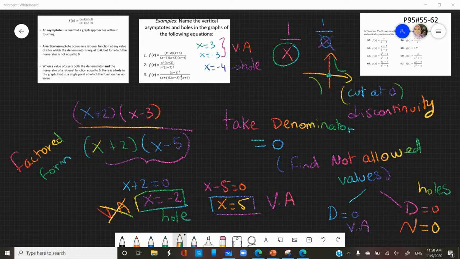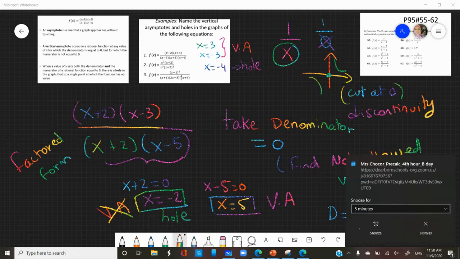And one last tip: as you notice in our first example, you can see x plus 2 in both the numerator and denominator, which explains why we got negative 2 as a hole. Again, in number 1 that we just did, you see x plus 4, which created the hole. The other two values only exist in the denominator, which makes them vertical asymptotes.